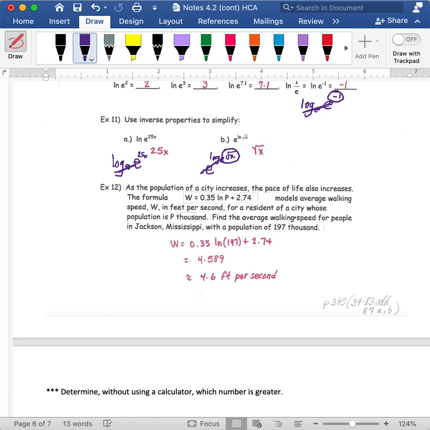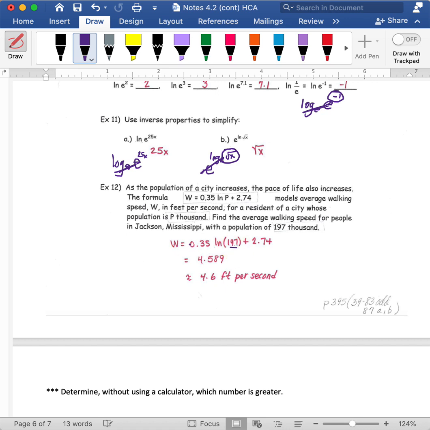Find the average walking speed for people in Jackson, Mississippi with a population of 197,000. Now, be careful not to put 197,000 in here, right? Because this is already in thousands. So if you do that, you're going to get the wrong answer. It's P thousand, so what is P? 197. That's what goes in here.